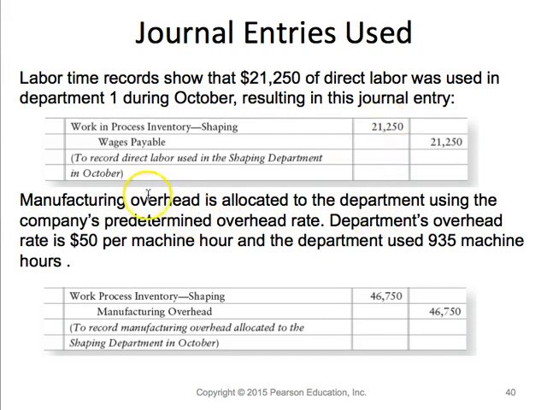And here, manufacturing overhead is allocated to the department using the company's predetermined overhead rate. So the overhead rate is $50 per machine hour, and it uses 935 machine hours.